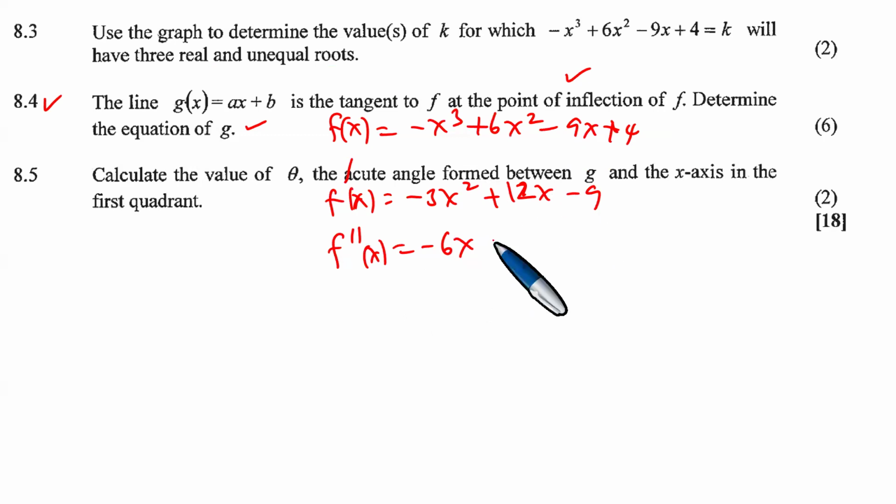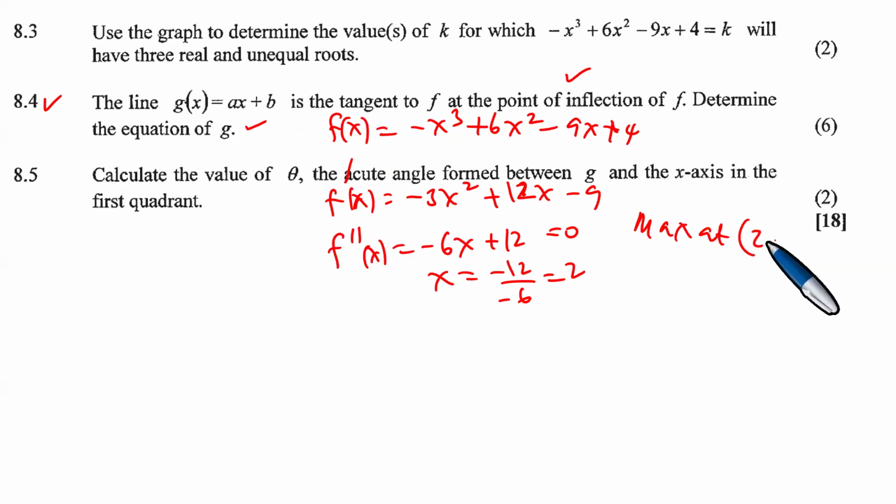The derivative of x, we saw that it becomes x to the 0, which is only a 1. And obviously at the point of inflection, this means x is minus 12 over minus 6, and this is 2. Okay. So because this line is a tangent to f at the point of inflection of f, determine the equation of g.